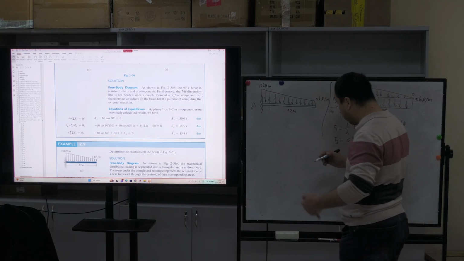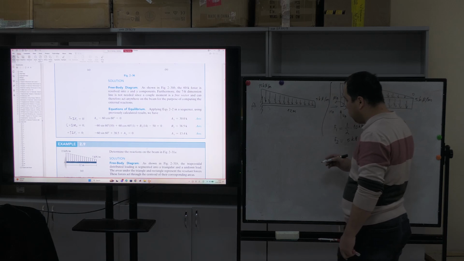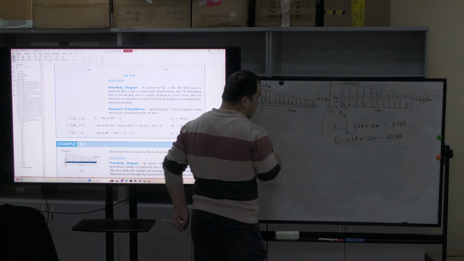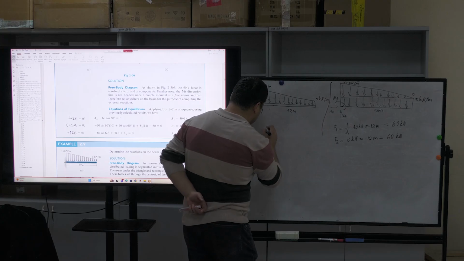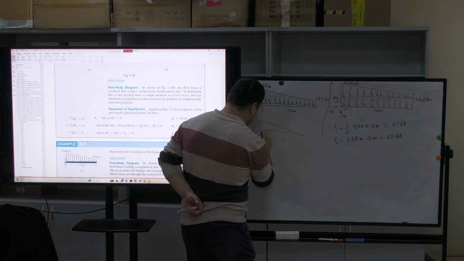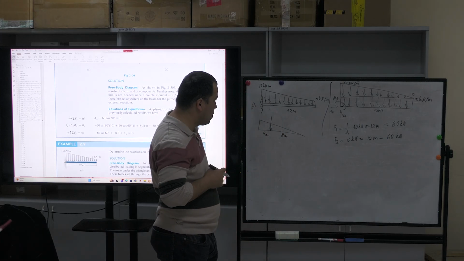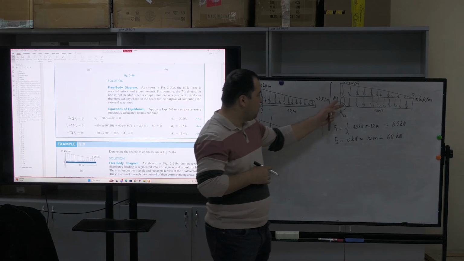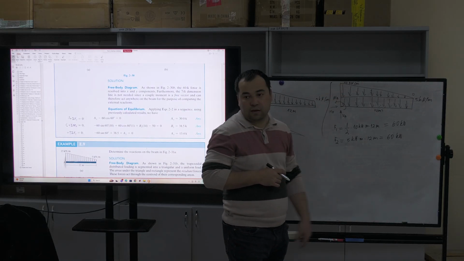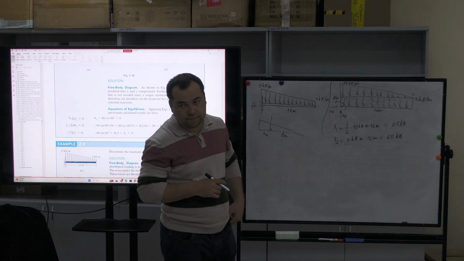We discussed last week, if you have a triangular force, it acts at 1/3 of the total beam, okay? If you have a triangle like this, overall distance 4 meter here, 8 meter here, our force is acting on this one. Why is it 10 kilonewton? 15 minus 5 is 10 kilonewton.